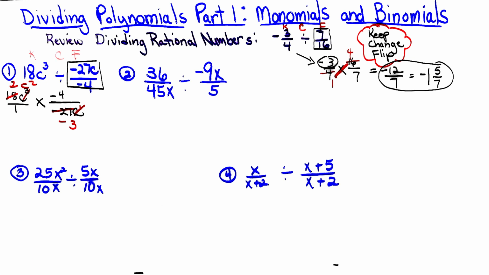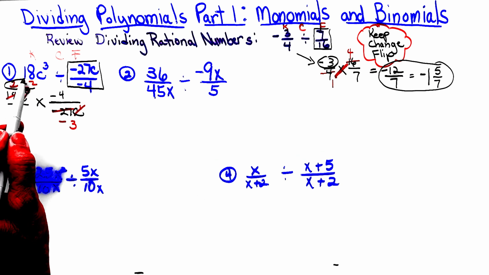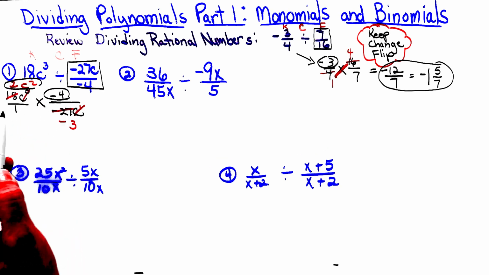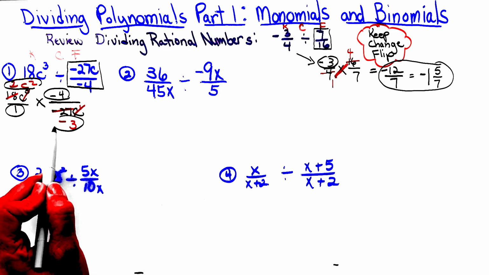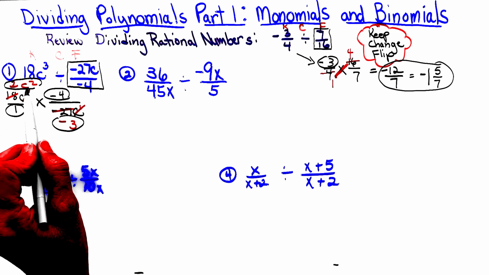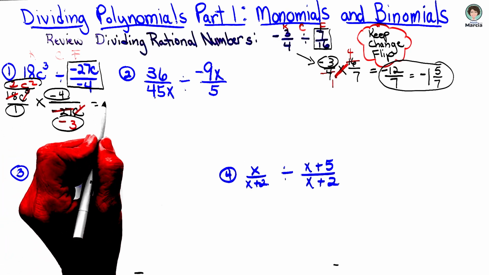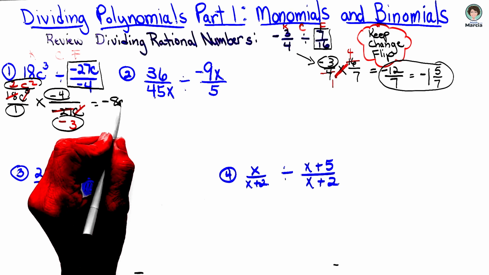So the numbers that we are actually dealing with right now, I'm going to circle. I have this, this, this, and this. And now I'm going to just multiply straight across. So 2c squared times a negative 4 is equal to a negative 8c squared.